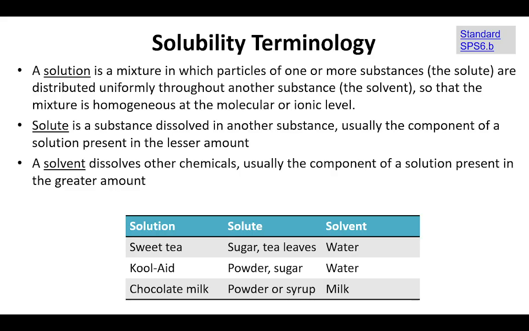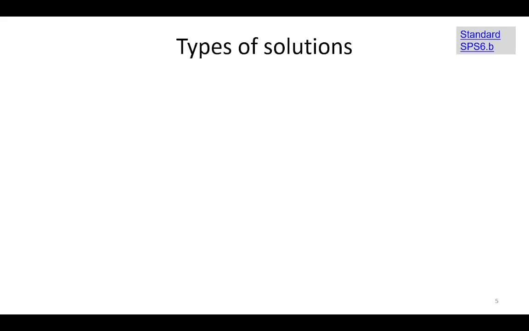A chemistry example would be an aqueous solution of sodium chloride, also known as salt water. In a salt water solution, my salt, NaCl, is the solute, and the solvent is the water. Water is known as our universal solvent. It is a substance that will dissolve a lot of other things.